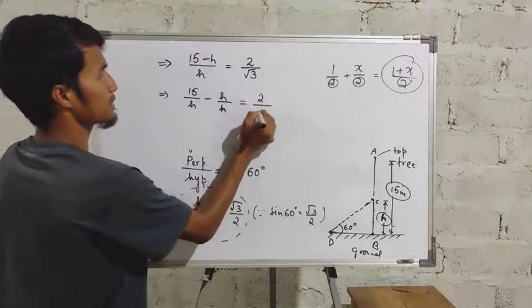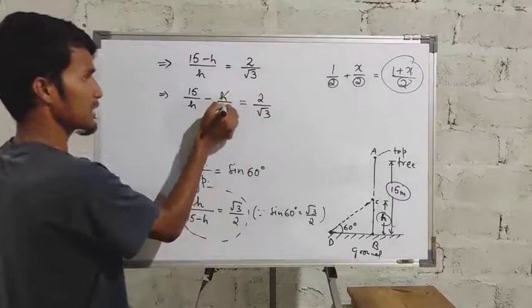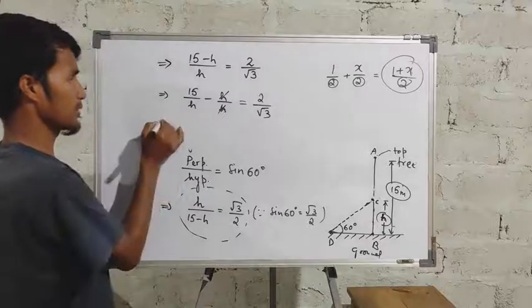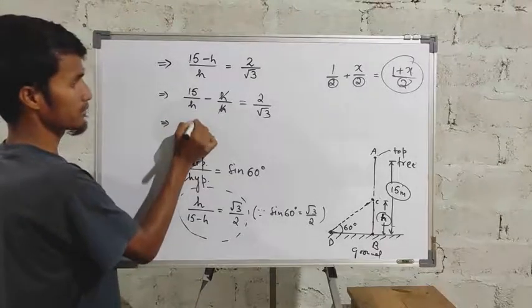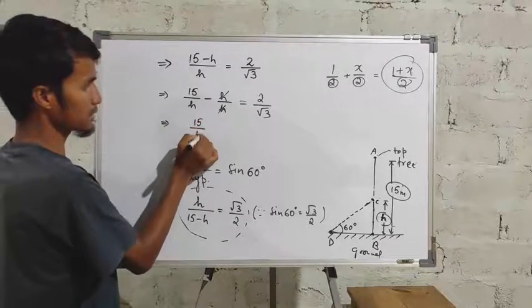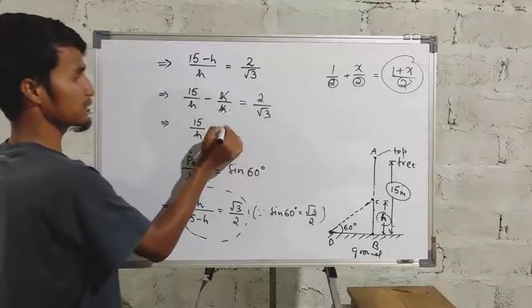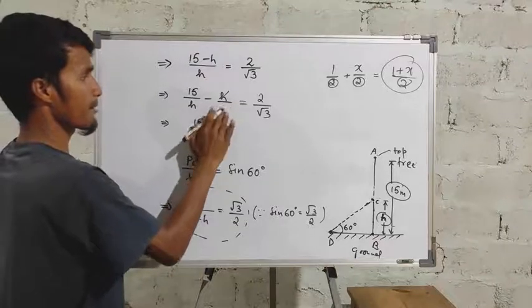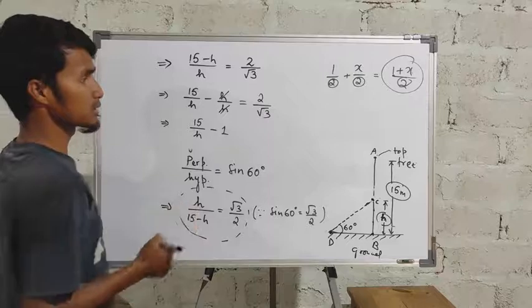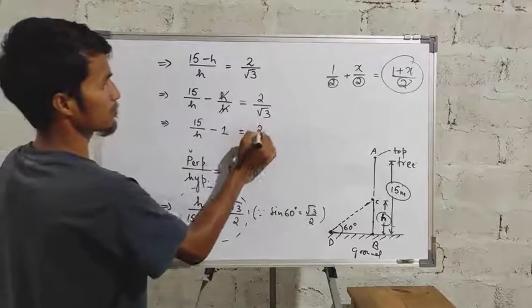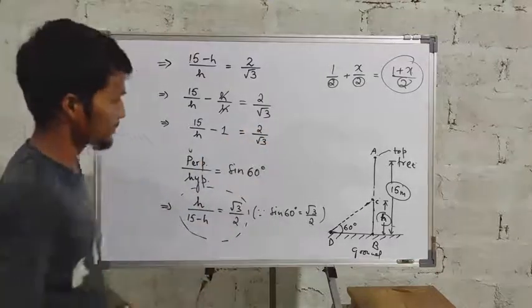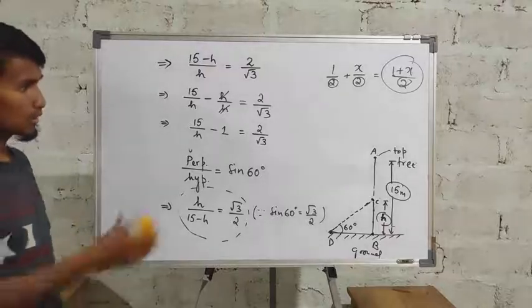Then 2 by root 3. Then h and h cancel. Then we got here 15 by h minus... if h and h cancel, what remains? 1. Okay, h and h cancel, then 2 by root 3. Now only one h is left here.